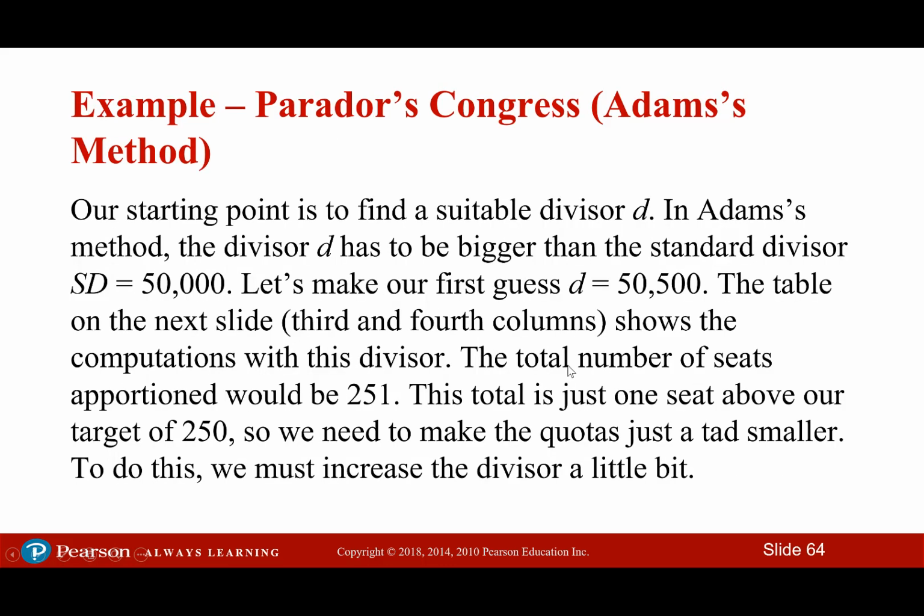If you want to go through a quick scenario with Adams method, the divisor is D. This is Parador's Congress, if you remember from the last section. The standard divisor was 50,000.